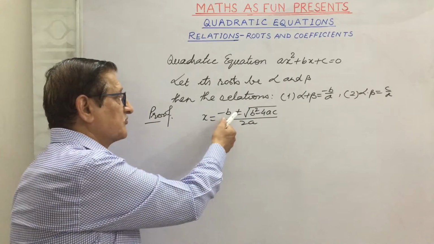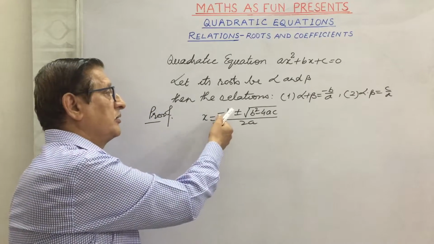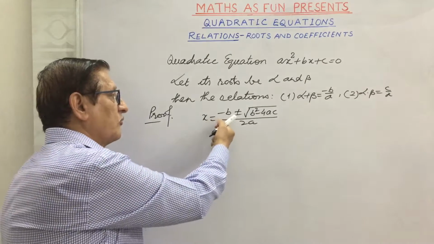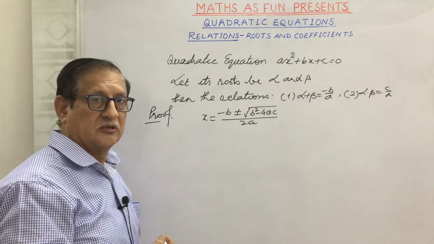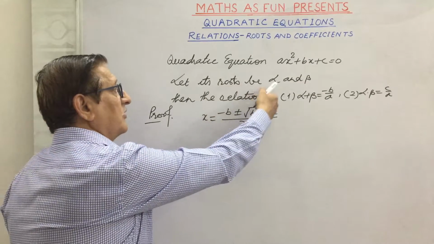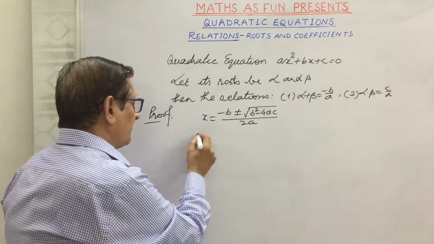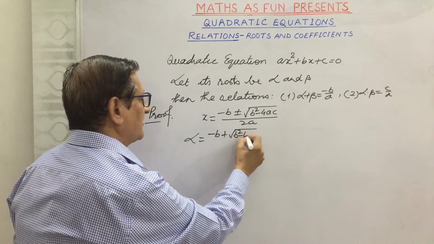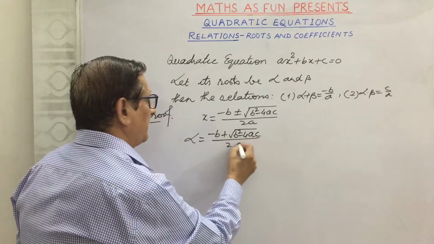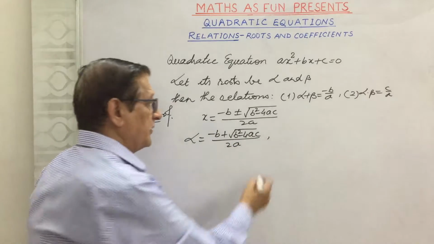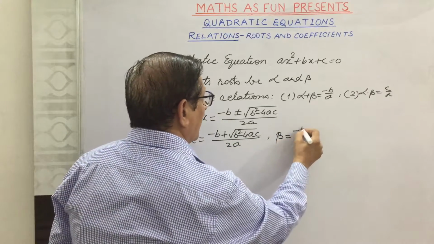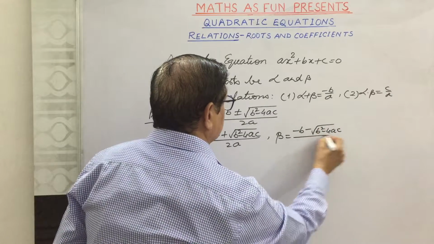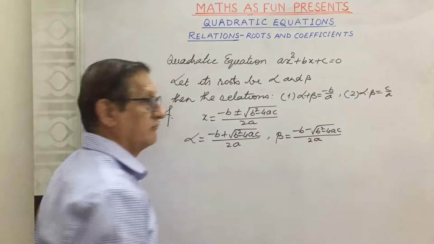Then we say its first root is taken when we use the plus sign and the second root is when we use the minus sign. These roots we name as alpha and beta. So here we find alpha is minus b plus root of b square minus 4ac upon 2a. And beta, the second root will be minus b minus root of b square minus 4ac upon 2a.